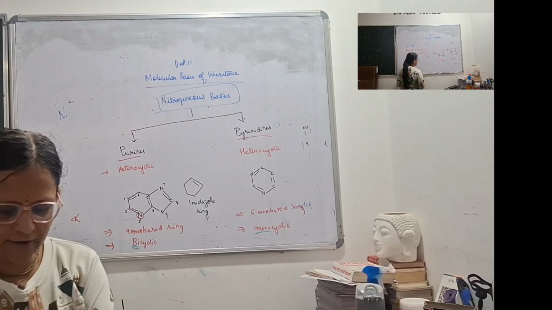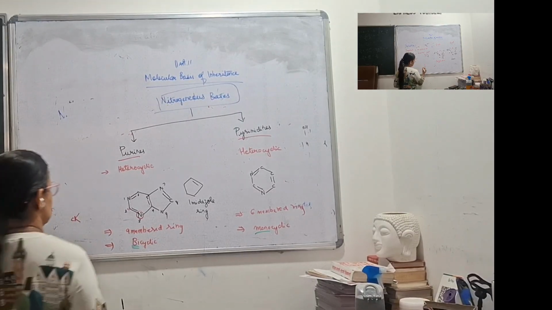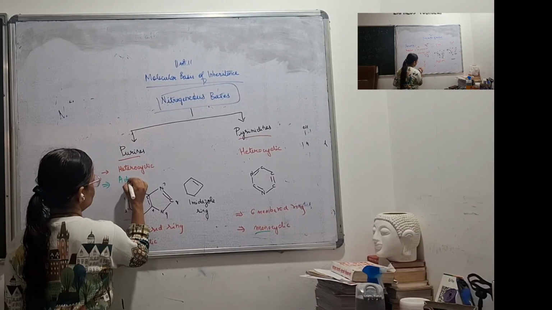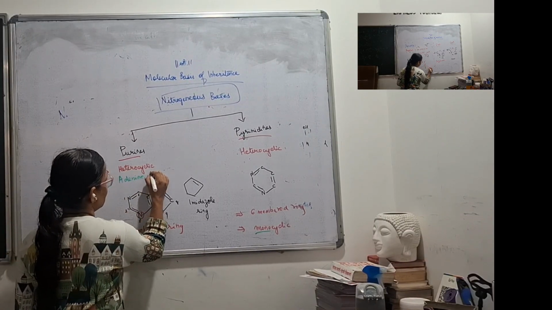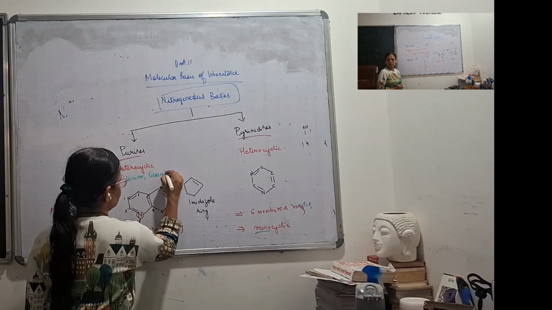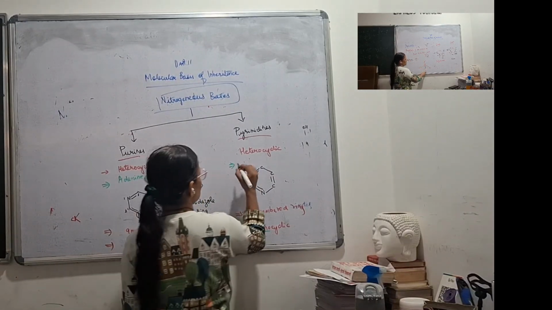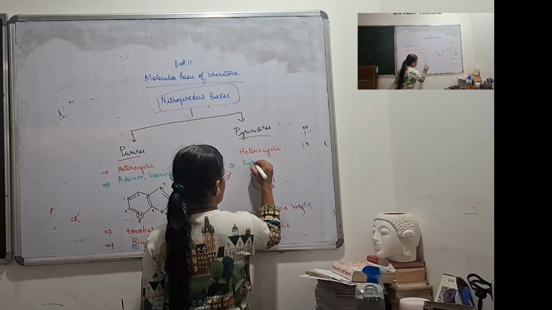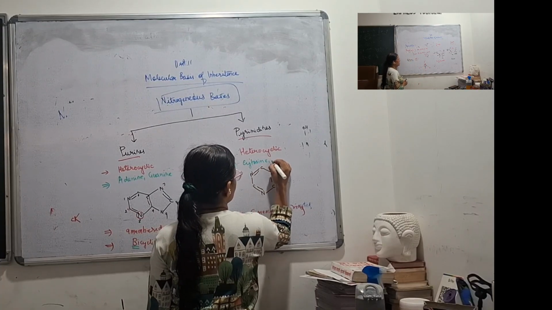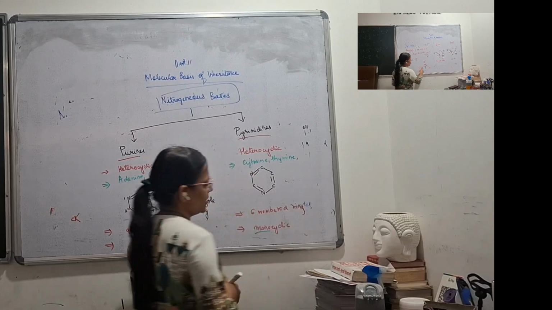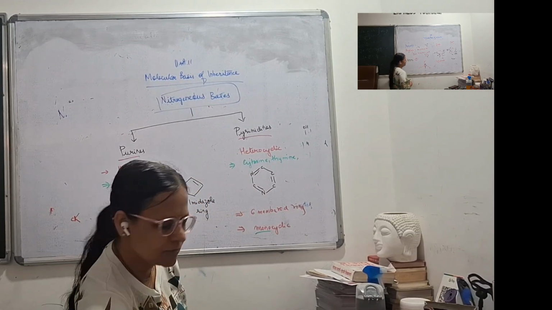Now these purines have got two nitrogenous bases. I am writing over here, adenine and guanine. And pyrimidines have got two nitrogen bases, cytosine, thymine. This is in case of DNA. Okay.